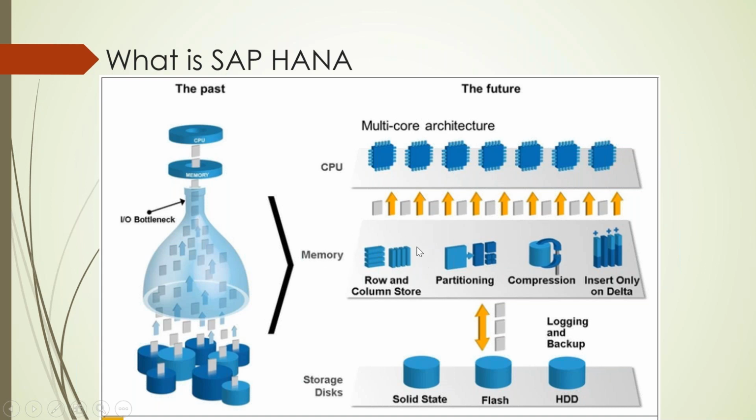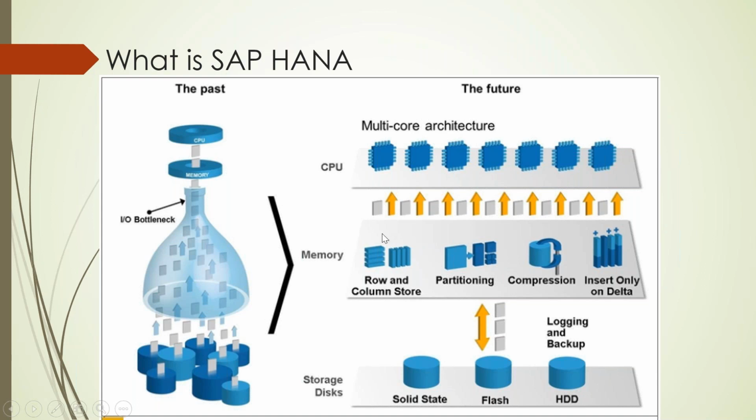When you stop the HANA database or your operating system, the data in the memory will be lost. Here we have the storage, the disk, which is the permanent storage where all the data is stored. Whatever data is there in the memory, the same data you will see on the disk. Data is continuously synchronized between memory and the disk.